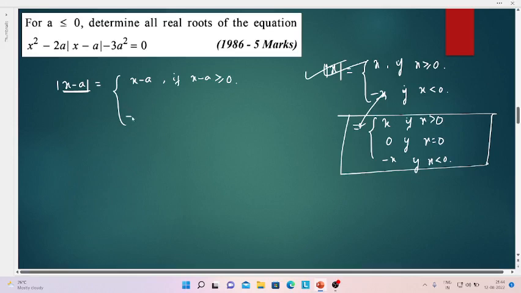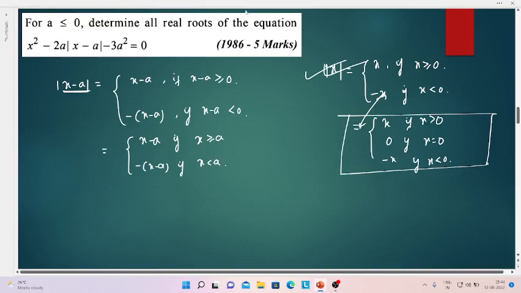And it will be minus of x minus a when x minus a is negative. So let me write these things again. X minus a will be there if x is greater than or equal to a, and minus of x minus a will be there if x is less than a, right?